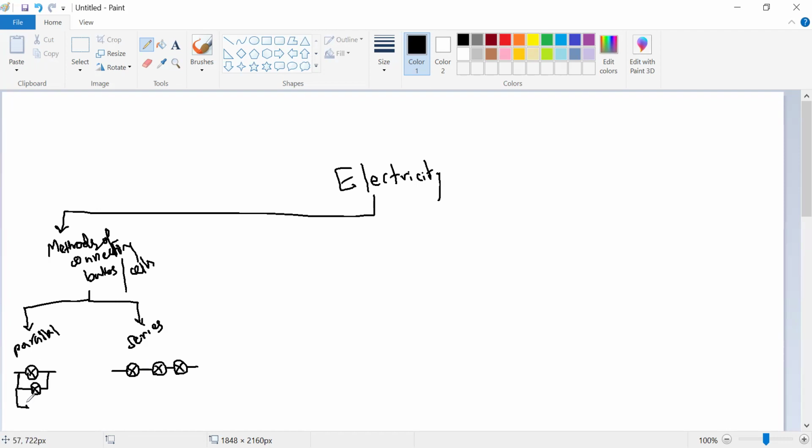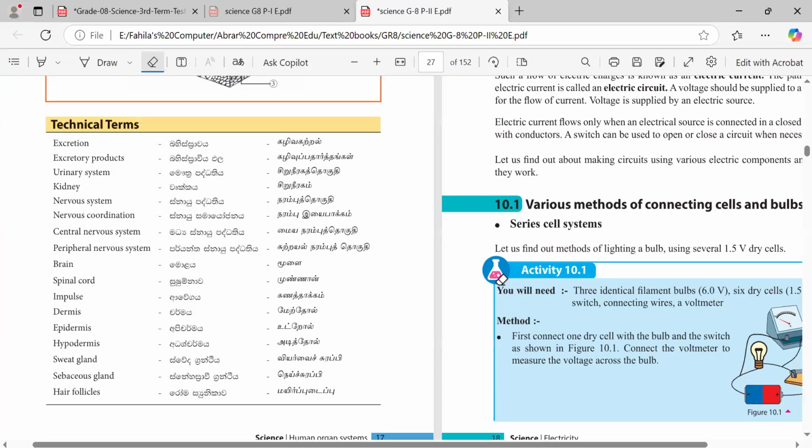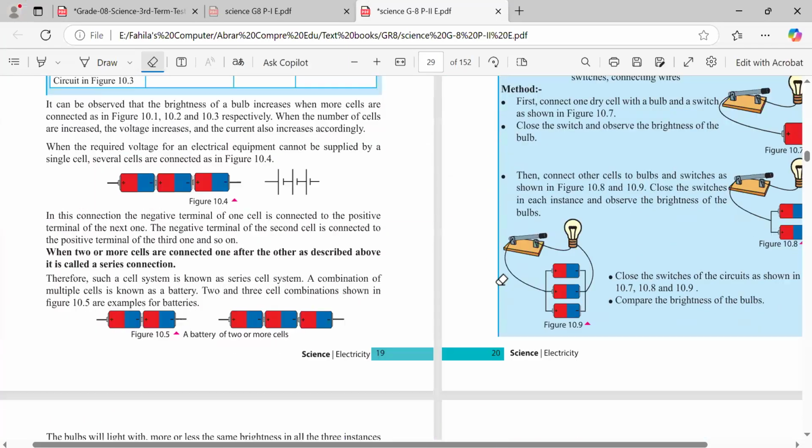One below the other, not one after the other. The same thing applies to cells as well. Instead of these, I can draw a cell also like this. But the way that I connect is important. Positive, negative. Positive, negative. They should all face the same side. Then, series cell system and parallel cell system.